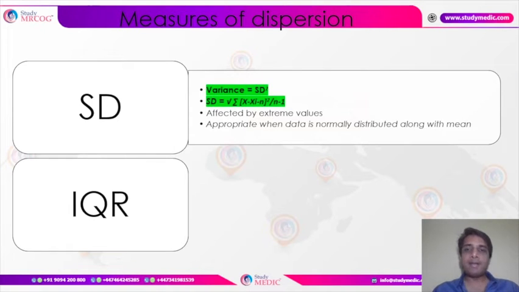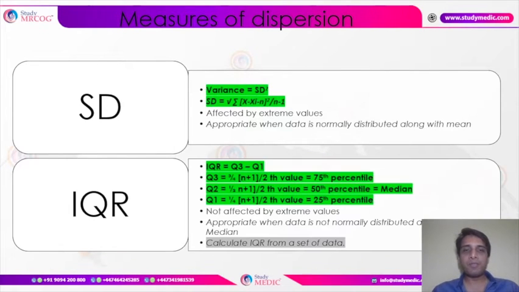What is interquartile range? Another measure of dispersion. Interquartile range is the difference between quartile 3 and quartile 1. Now, what is quartile 2? Quartile 2 is nothing but the median. Quartile 2 is calculated as half of the n plus 1th value, also called the 50th percentile, whereas quartile 3 is calculated as 3 by 4th of the n plus 1th value, which is called the 75th percentile.